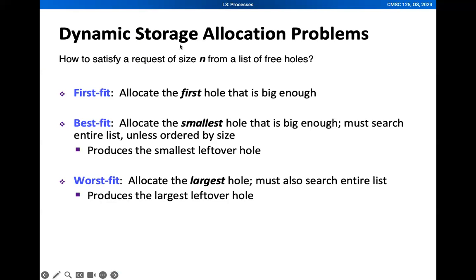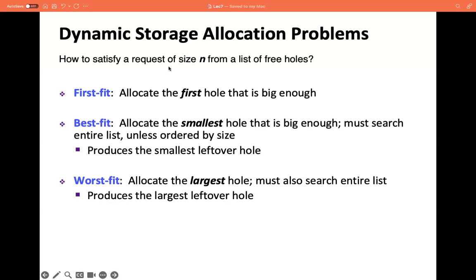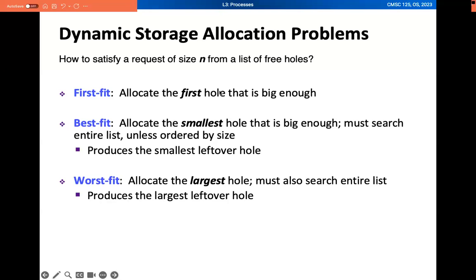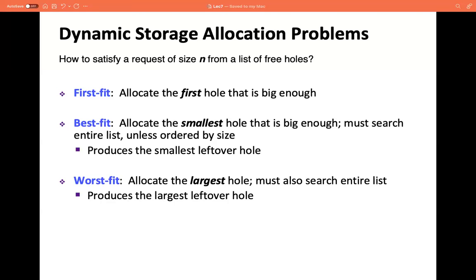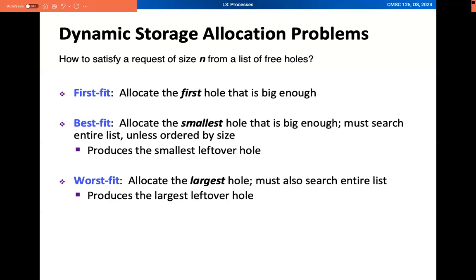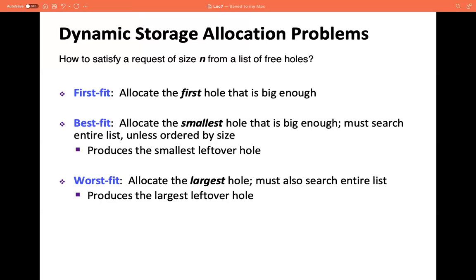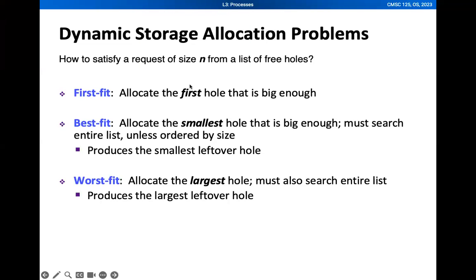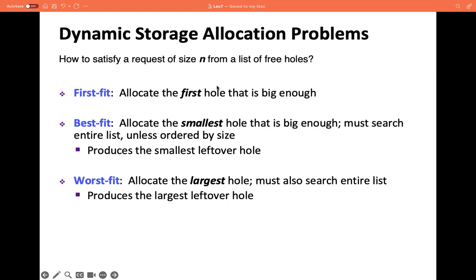So the first fit allocates the first hole. You remember that we have a main memory, and then we'll have several partitions. So a partition that is available, we can call a hole. All right. So the first fit algorithm allocates the first hole that is big enough.